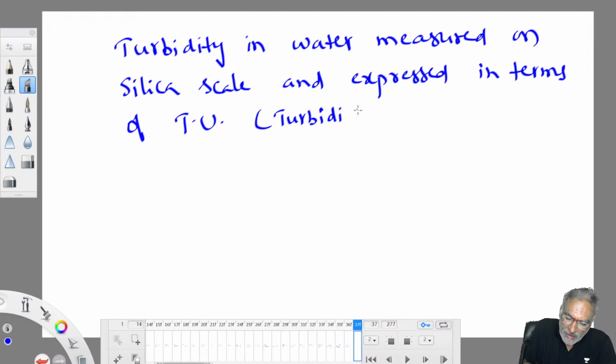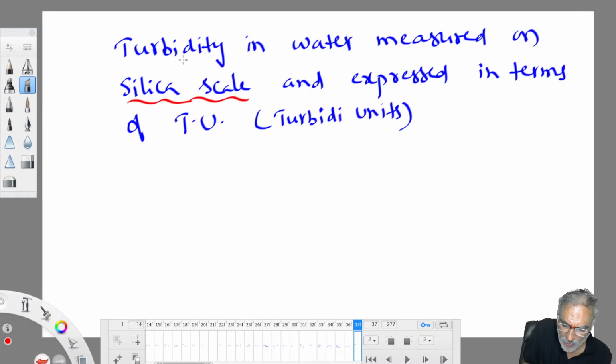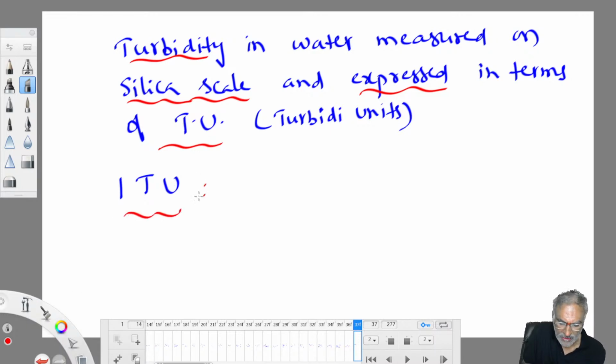There are many devices to measure turbidity, expressed in turbidity units. One turbidity unit is equal to 1 milligram of finely divided silica. Silica means silica sand; sand is finely divided.